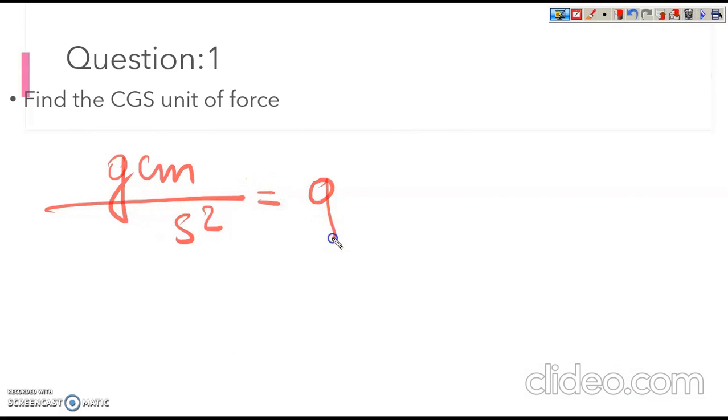We can write it as gram centimeter second minus 2, because when it goes up, it becomes minus. I hope you understand this question.